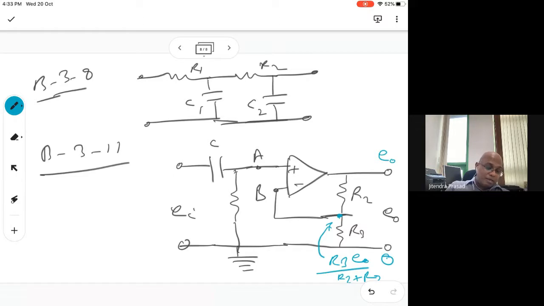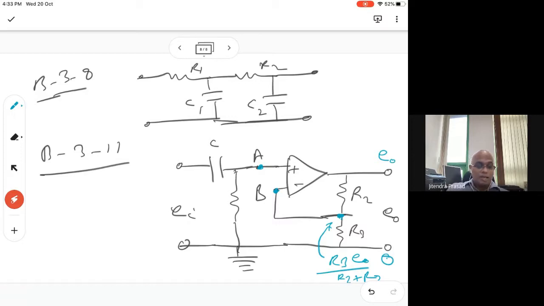Okay, now if the voltage here is this much, the same voltage is here, because for an op amp, this value and this value will be the same. Yeah, the op amp will make sure that the voltage here and here are both the same.